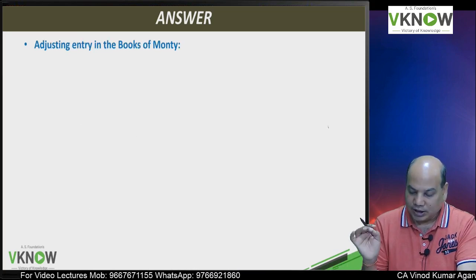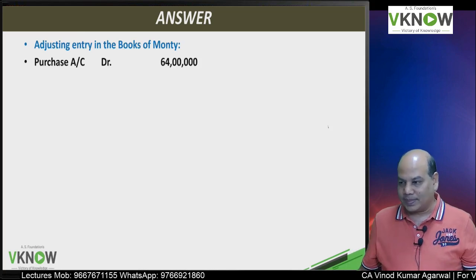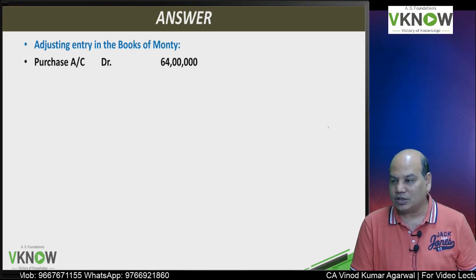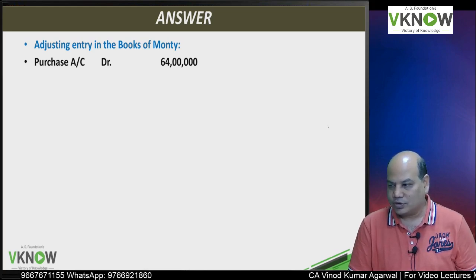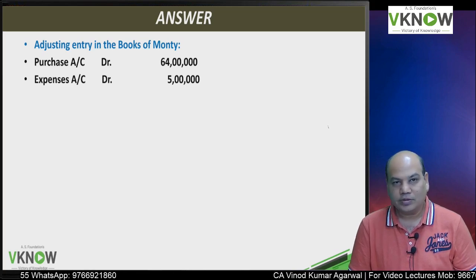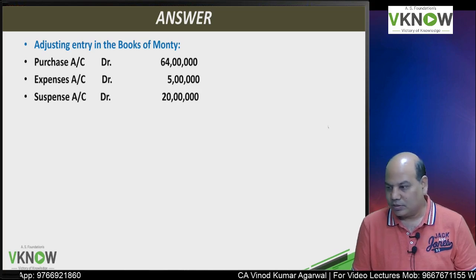Please write down adjusting entry in the books of Monty. Please write purchases account debit 64 lakh. Expense account debit 5 lakh.